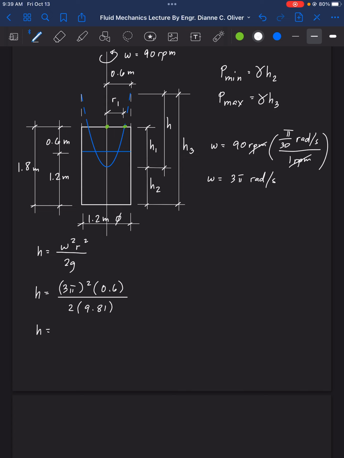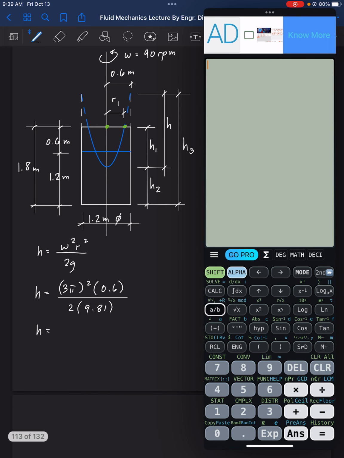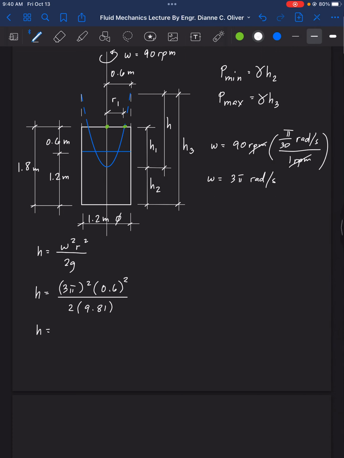I forgot the squared. So H is 1.63 meter.